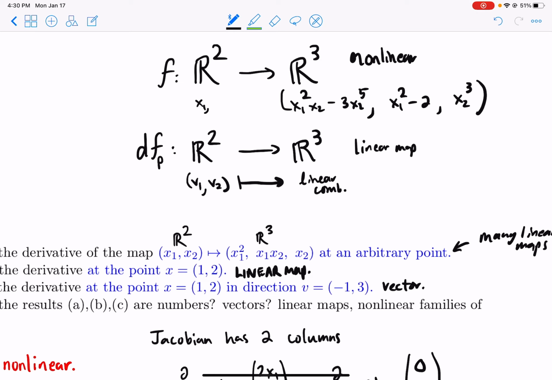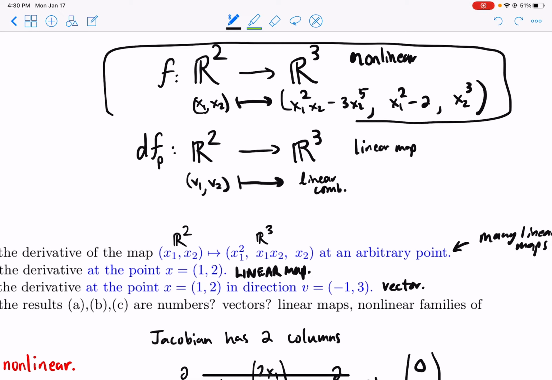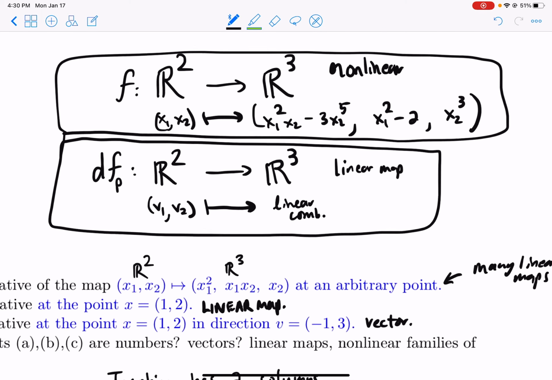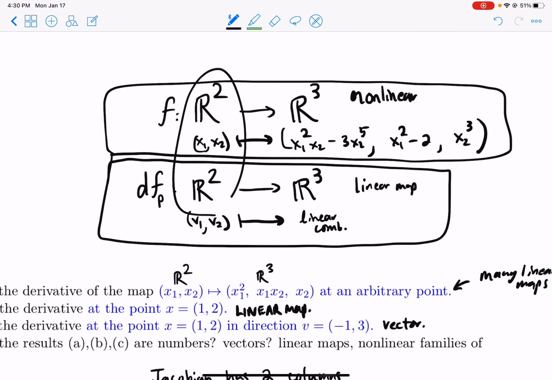And here we usually have input variable names that are different, because these are different maps. Basically this one is hard, and so we linearize at a point to make it easier. But it's just a version of the same map, so it'll have the same input space and the same output space dimensions.